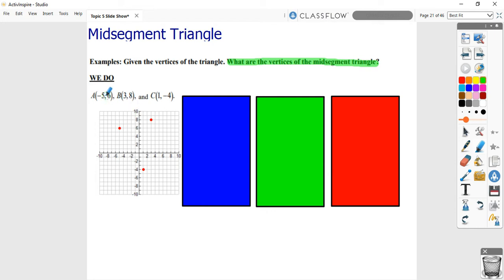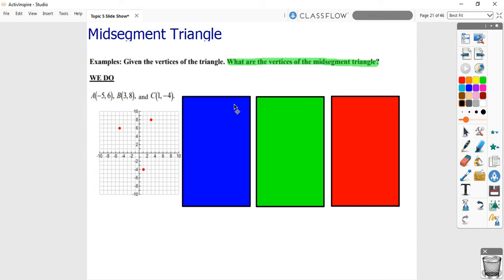So what we're going to do on your paper, mark off these 3 points. These are the vertices of the triangle that we start with. And if we're trying to find the mid segments, all we have to do is know where the midpoints are. For that, we go back to the beginning of our notes packet and look at the midpoint formula.